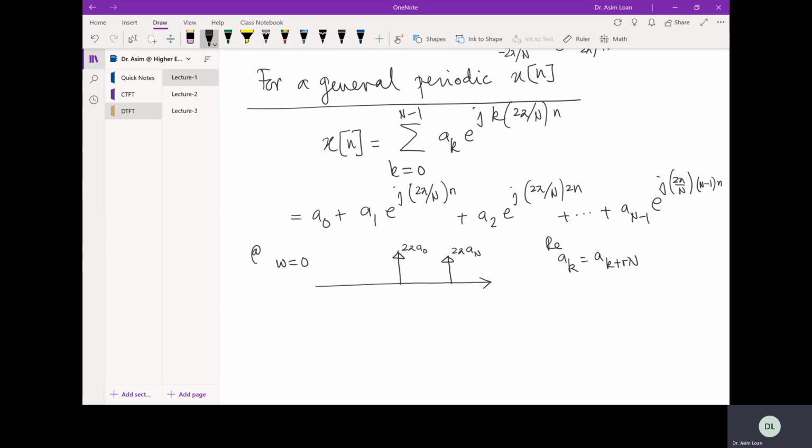So a0 is equal to an, and obviously this is at 0, this is at 2 pi, this is omega, and this is minus 2 pi. This is 2 pi a of minus n.